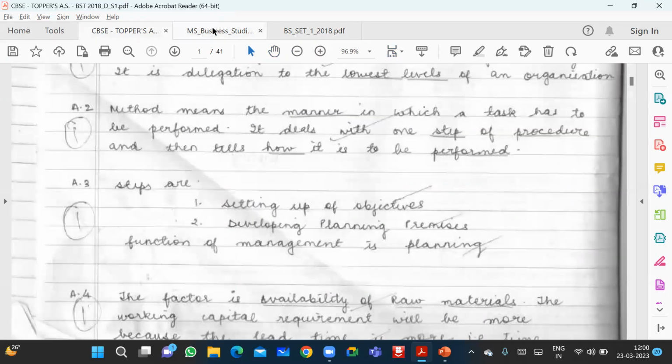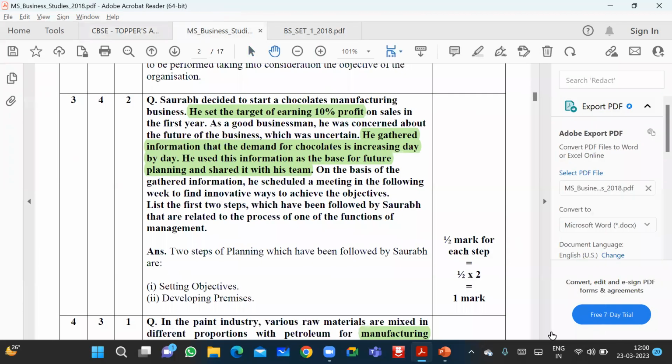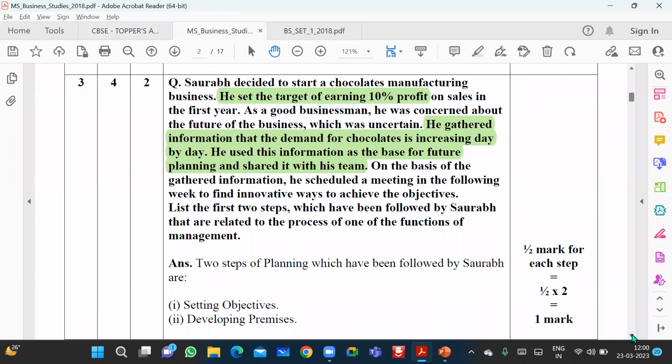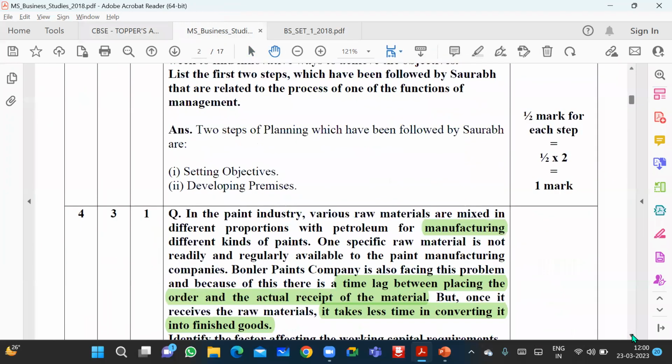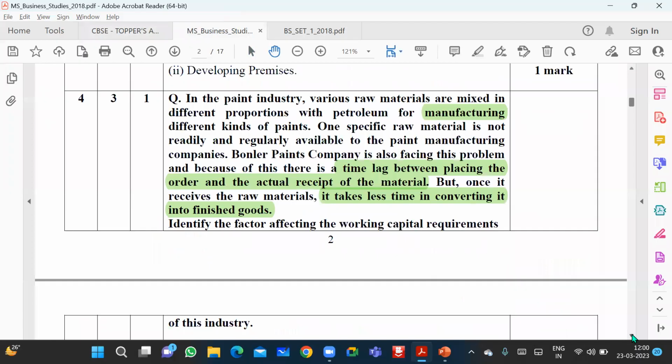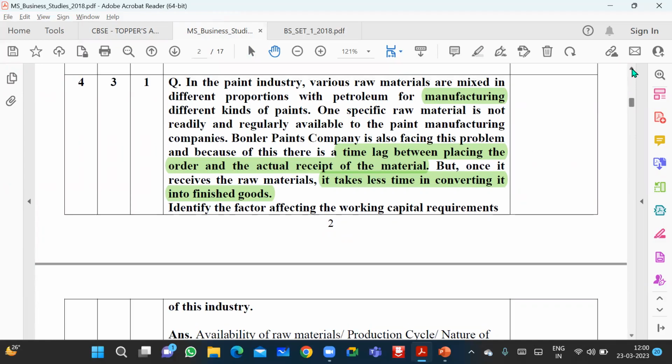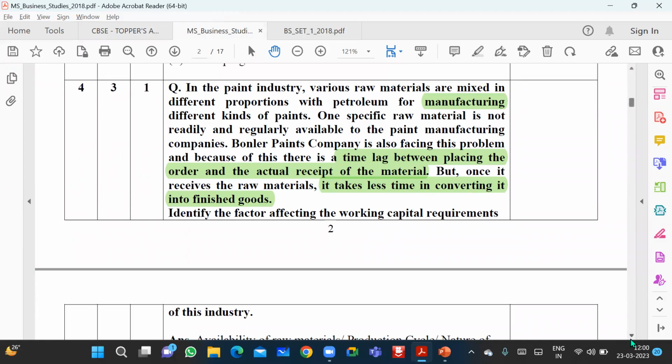Now let's move to the fourth question. Let's first read the question. Identify the factor affecting the working capital requirement of industry. So you have to identify only one factor, and just for the identification, you will get 1 mark.